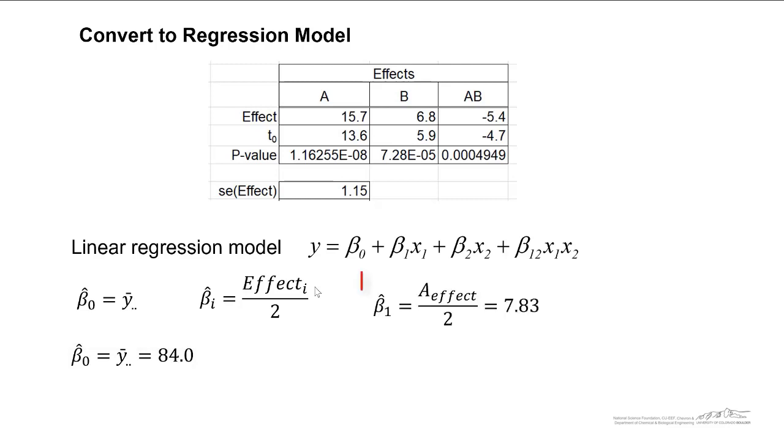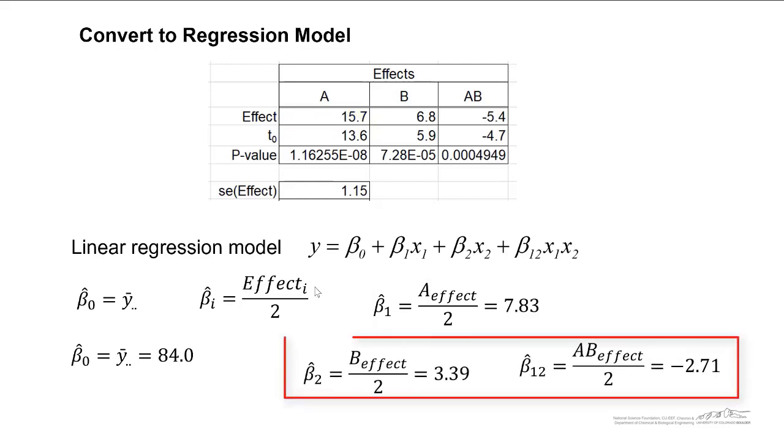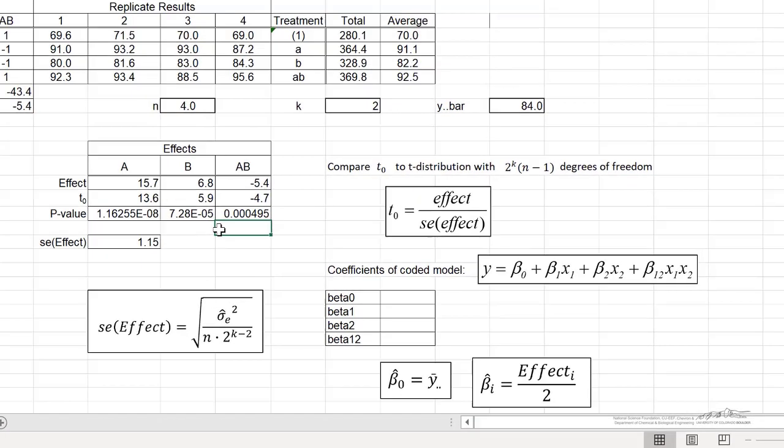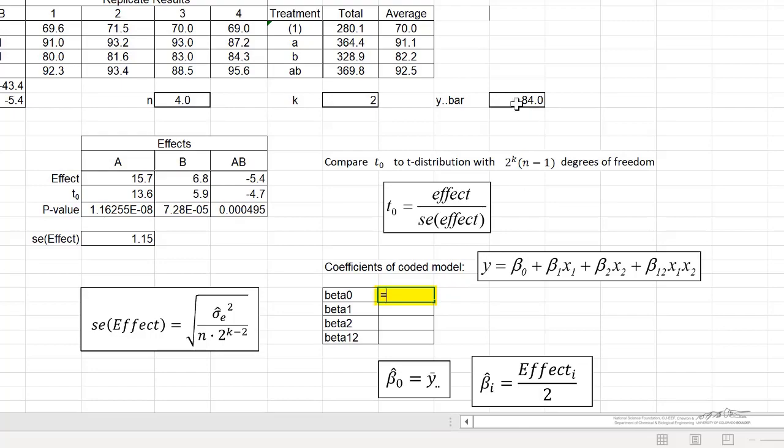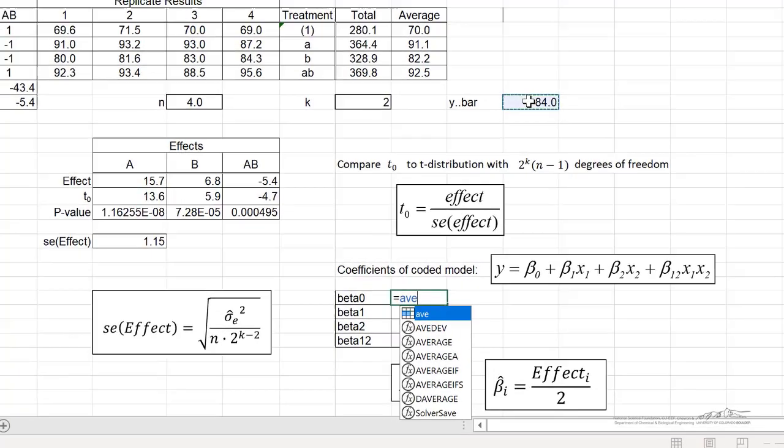We can determine beta 1 by taking our A effect and dividing by 2, so that's 7.83, and we can do the same thing for our B effect, that'd be beta 2, and our AB effect, and that'd be beta 1,2. And we get these for our coefficients in the coded linear regression model. So the way we got those, beta naught is just equal to the grand average, which I've named AVE.